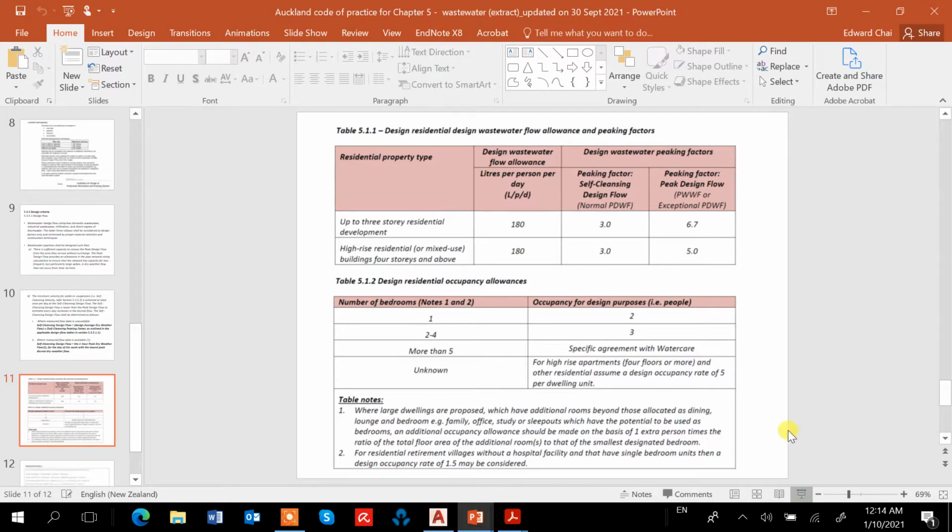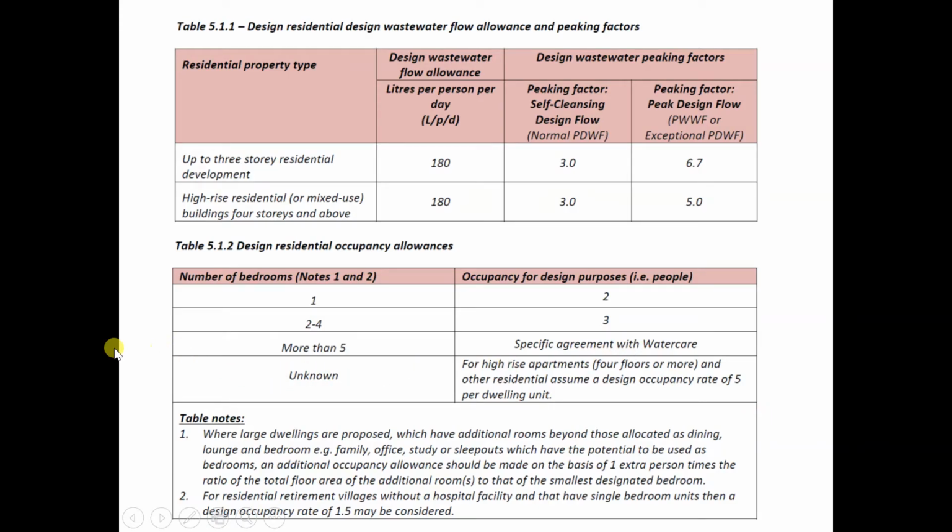Okay. And the number of bedrooms, for these lots is 3 and 4, so it's under the second row. So the occupancy for the design purposes is 3, whether it's a 3 bedroom or 4 bedroom, so 3. So we have 21 lots, so we multiply 21 by 3, that gives us 63.